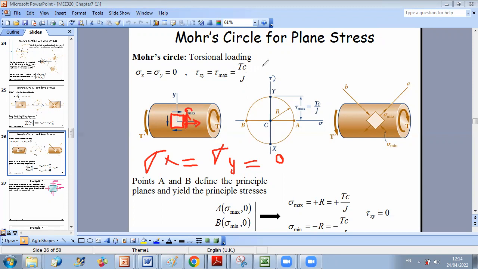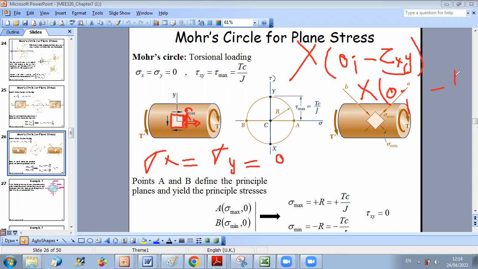So the 2 points representing your state on the Mohr circle are big X of coordinates 0, which is sigma x, and minus tau xy. And tau xy is equal to Tc over J. So point X has coordinates 0 and minus Tc over J. So you can represent it by this point here.